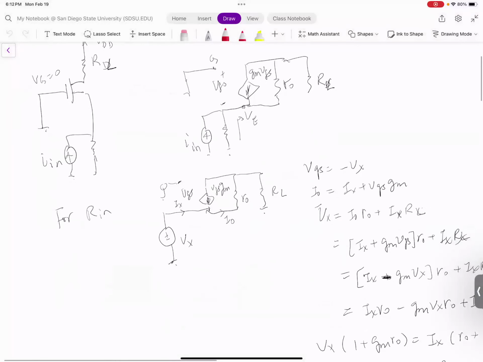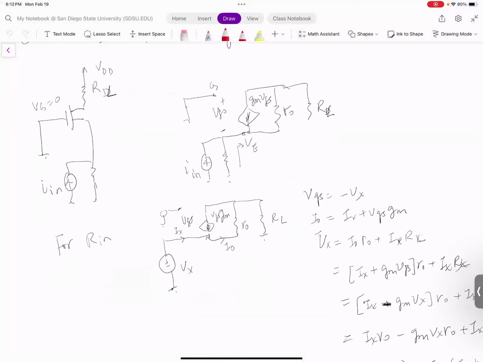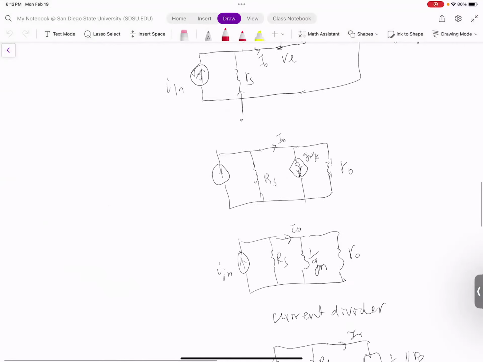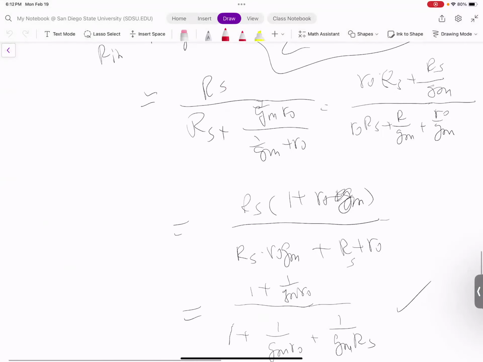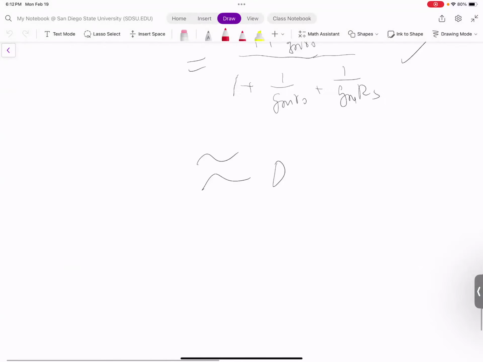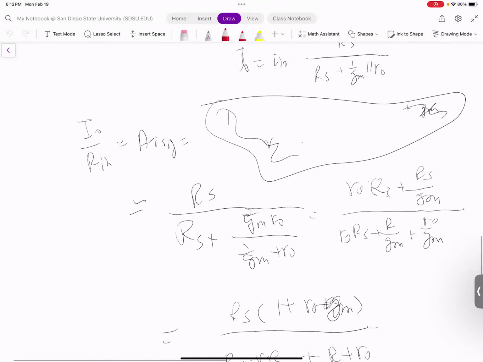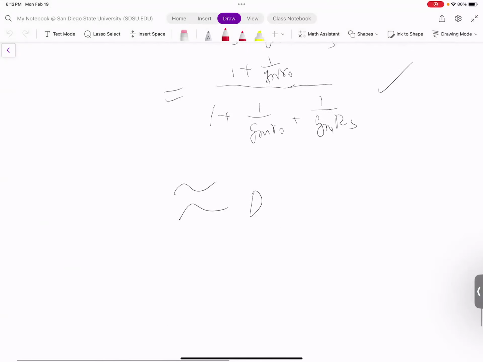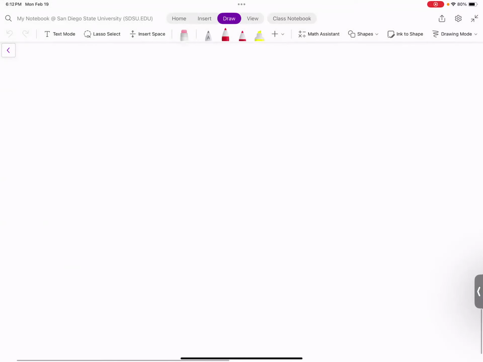So this is the common gate, but we drew that already, and this is the process of how to derive the resistance. What we can do is draw the common base.